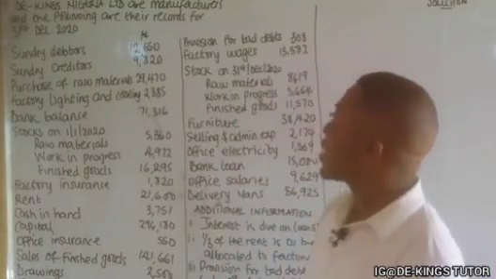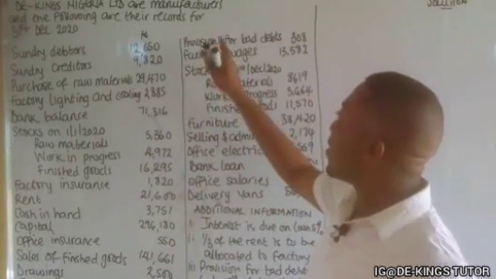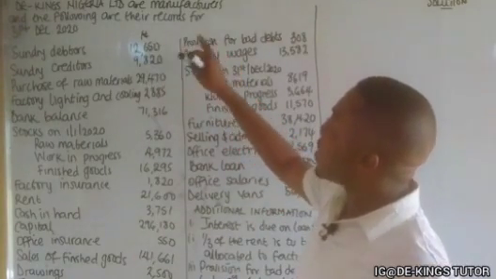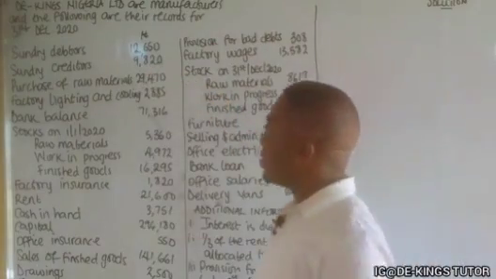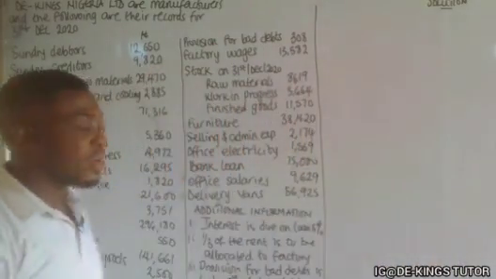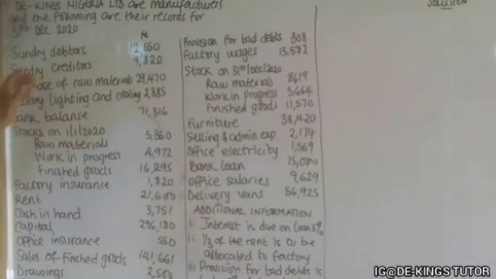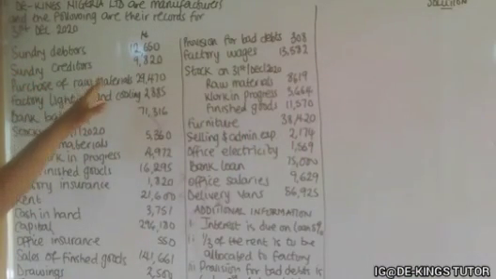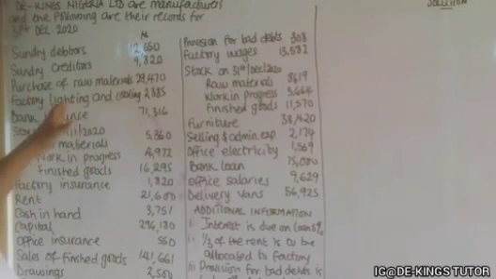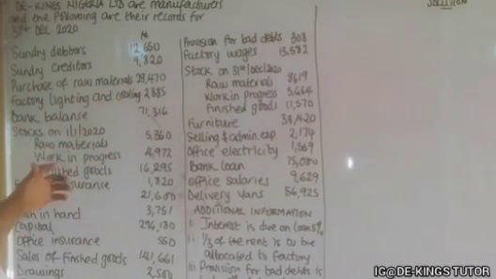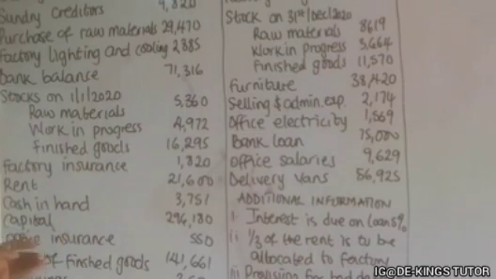See this question. It says Kings Nigeria Limited are manufacturers, and the following are their records for 31st December 2020. Okay, so we have sundry debtors 12,650, sundry creditors 9,820, purchase of raw materials 29,470, factory lighting and cooling 2,885, bank balance 71,316.